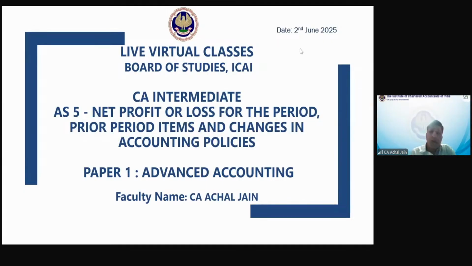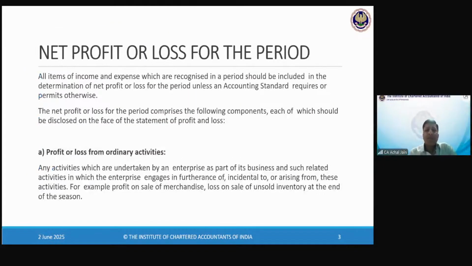So the standard talks about certain things. Okay, net profit or loss for the period. Now we are aware of what is net profit or loss for the period, correct? This is something which you get in the statement of P&L.